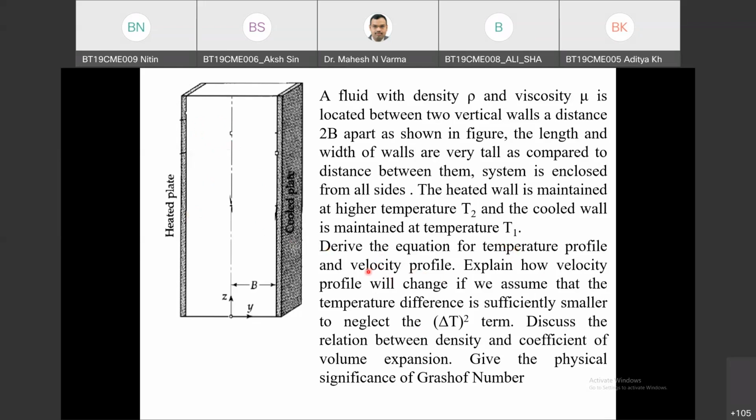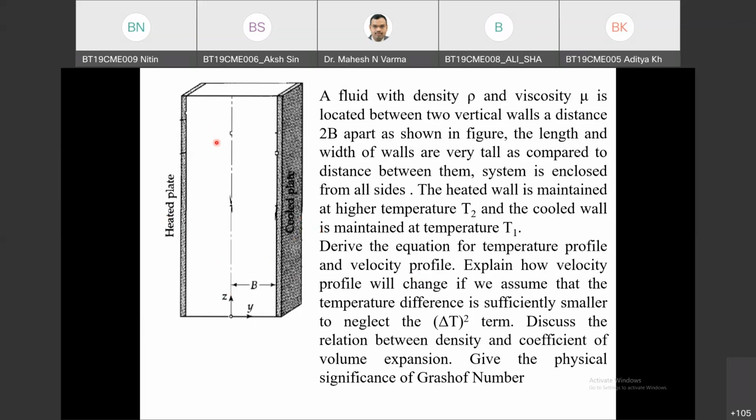So velocity depends on temperature variation more than temperature depends upon velocity. Here we need to solve the heat transfer problem first, then the momentum transfer, because velocity depends upon temperature more than temperature depends upon velocity. Here the heated plate is there, the cold plate is there, and because of buoyancy I am expecting the flow to be in the upward direction.